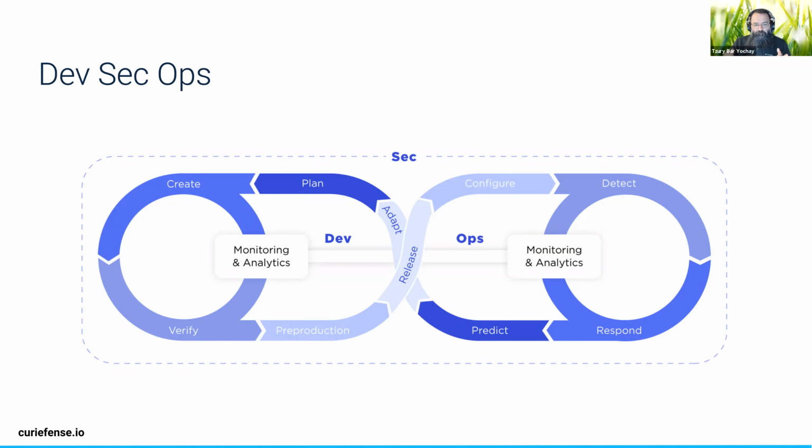There is no later. There are no temporary hacks. Things are done as defined, and you can assure consistency and policy implementation across all your configuration and all your deployments.